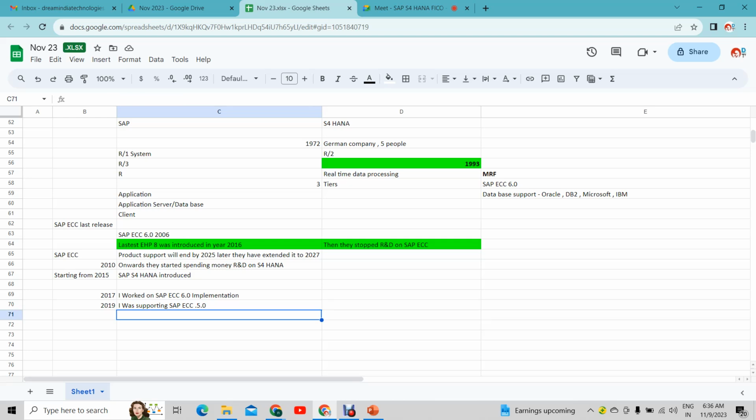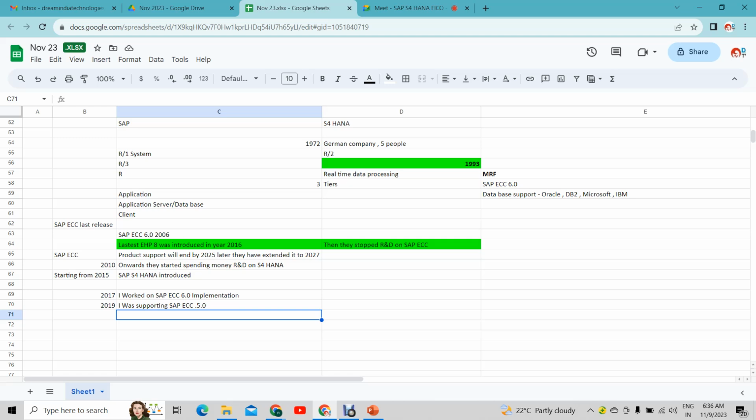Those are patches. They can be enhanced. But if you want the altogether latest version functionalities, you have to pay money to SAP, right? If I don't want to pay, I will not be on the latest version. I still run on an old version with all the latest updates, yes.